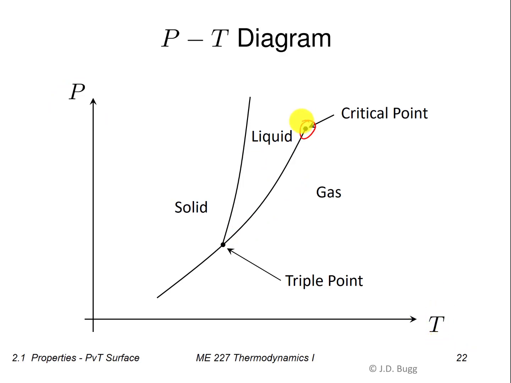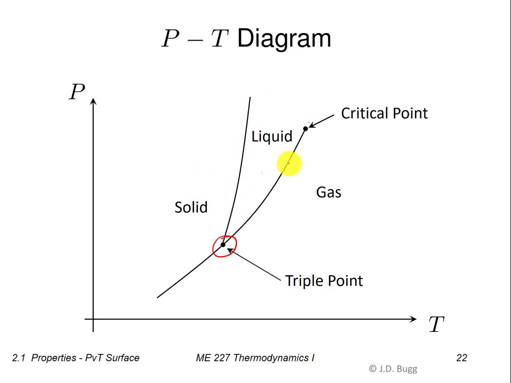So the top here is a critical point. Down at the bottom here is essentially an end view of the triple line, which is called the triple point. And there's a similar line that heads up this way that separates the solid and liquid region. So this is also a two-phase mixture region between solid and liquid. If we're on this line, we have a mixture of solid and liquid.